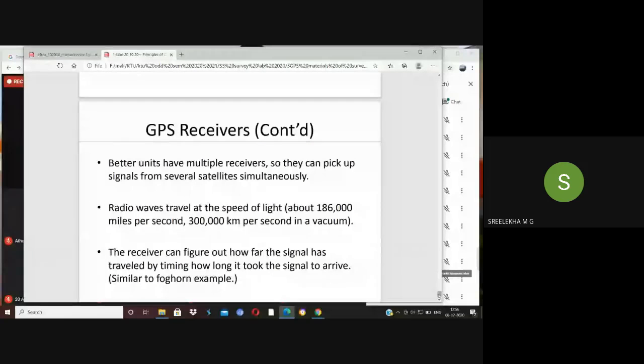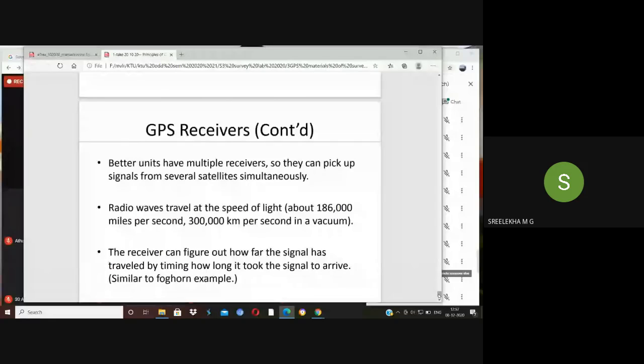That time multiplied by velocity gives the distance of the satellite from our GPS station. So by means of this equation, using the corresponding equation for 3 or 4 satellites, we will be able to trace the exact location of ours.